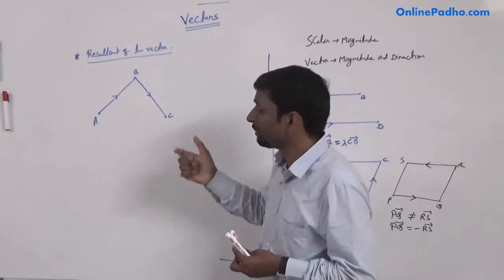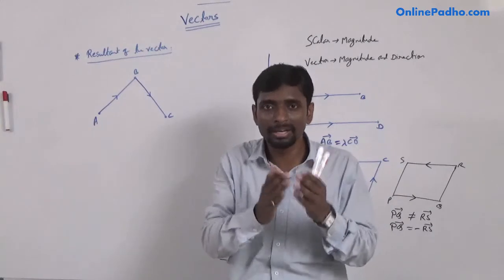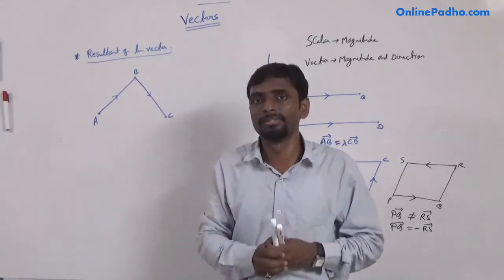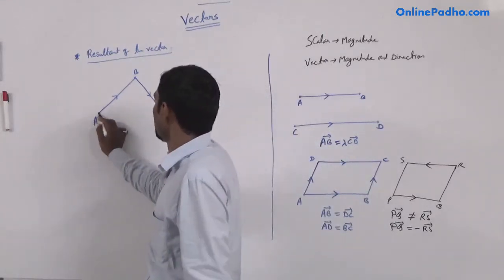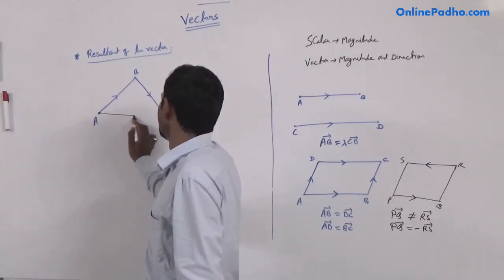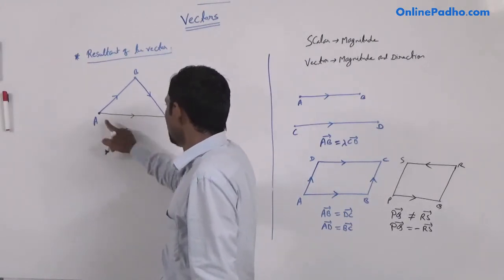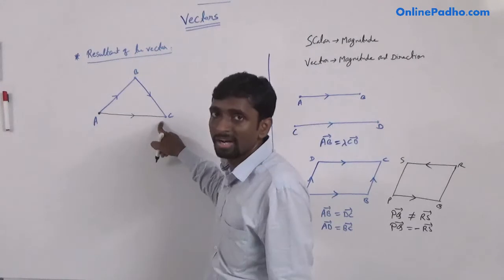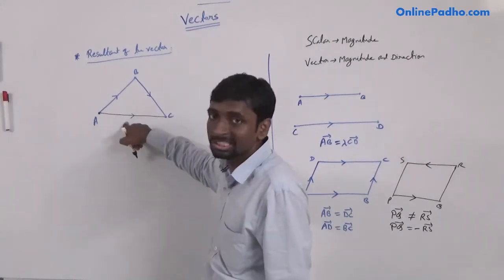What is the displacement of this? Displacement is just joining the starting point to the end point. That is called the displacement. If we draw from the initial point to the final point, this is called the displacement.